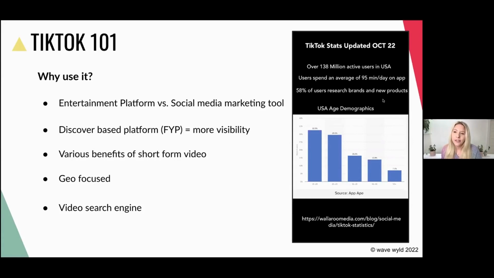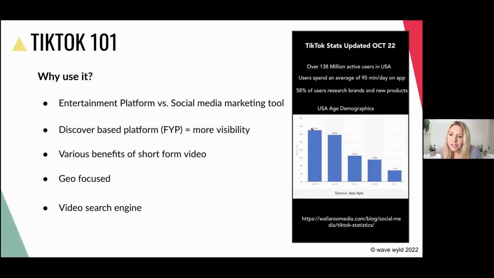And then in this photo on the right, I included some stats that are up to date in October of this year. I won't go through all of them, but you can read them. But I will say, a lot of people still ask me about the age demographics. This is for USA currently, and it is a little bit small, but you can see that all age ranges are there.